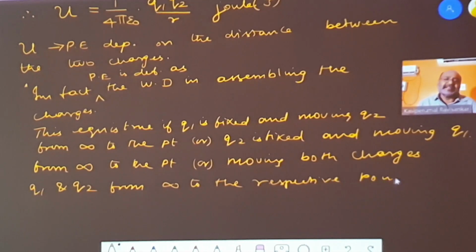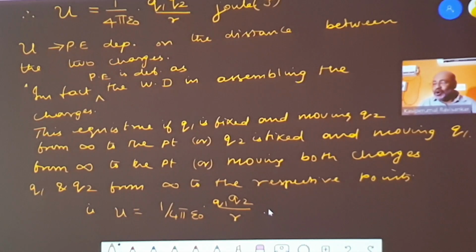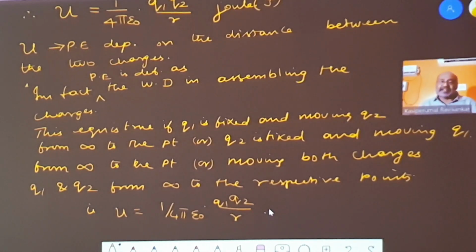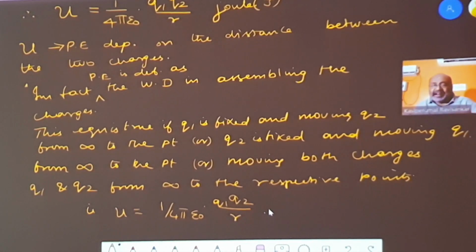In all these cases, the above equation epsilon is equal to 1 divided by 4 pi epsilon 0 into Q1 into Q2 divided by r holds good. This is called the potential energy due to two charges.